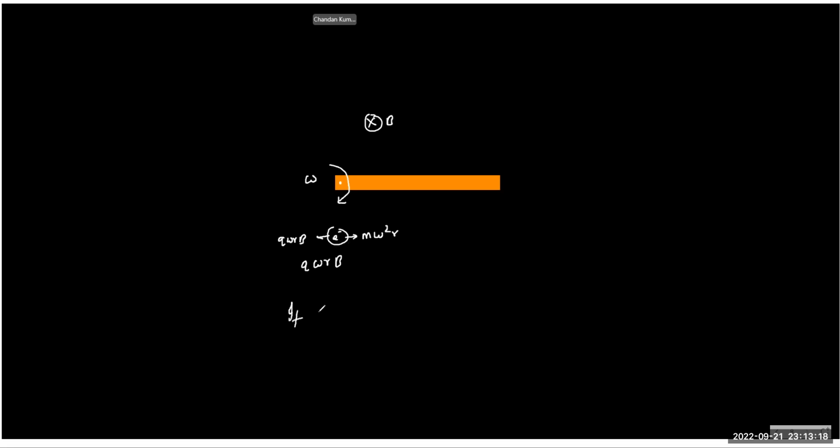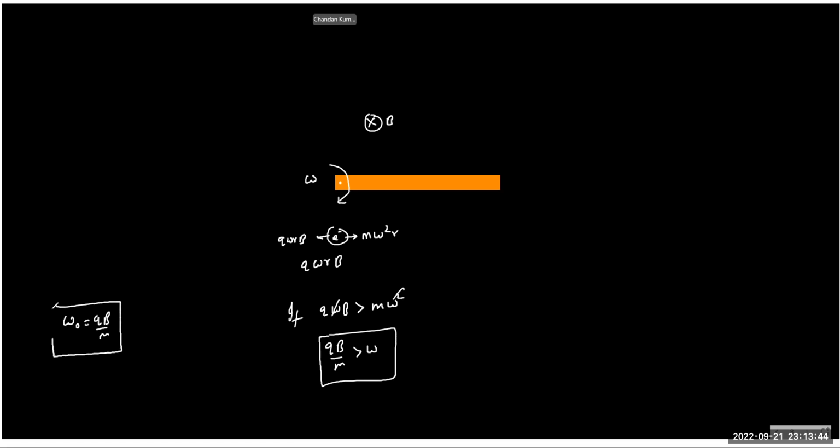So if Q omega B exceeds the m omega square, because R is common, so basically, if QB by m exceeds the omega, because QB by m is called the magnetic frequency, right? Omega is very famous in magnetism also.